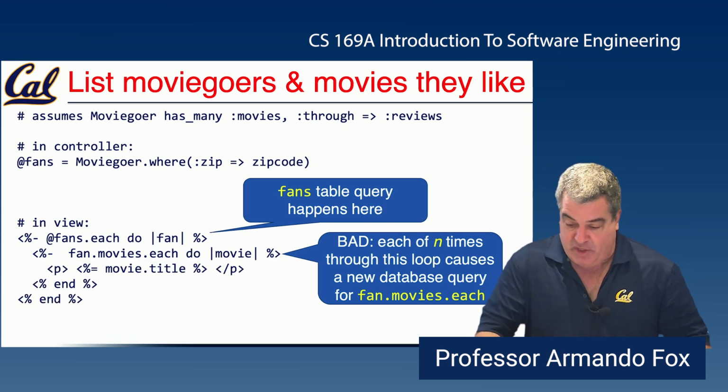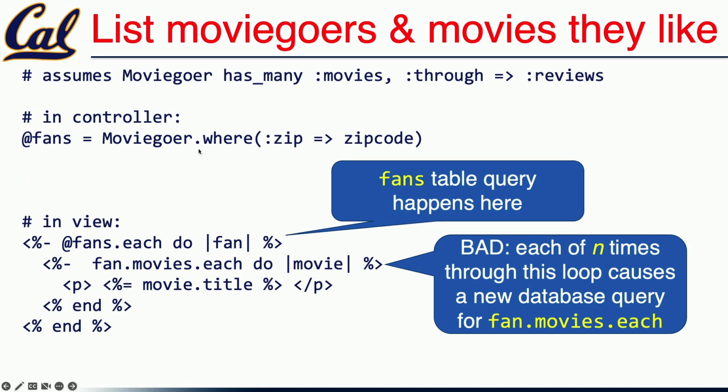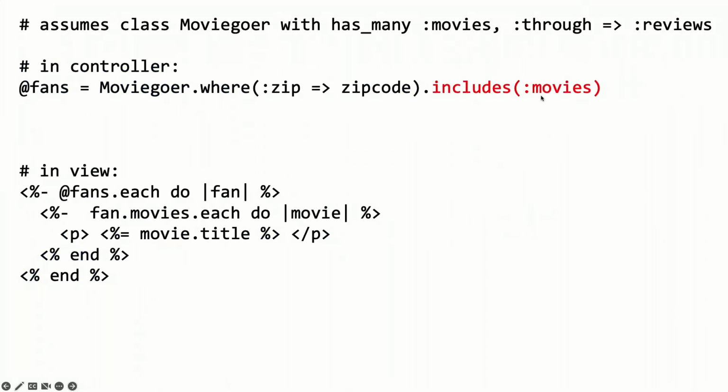So indeed, the easy way to do this is instead of this straightforward moviegoer query, Rails allows us to do this, right? So what this means is moviegoer has some sort of an association that will allow us to figure out movies, right? And indeed it does, because we've declared that a moviegoer has many movies through reviews. So Rails knows how to construct a join query that will traverse that association through the reviews table.